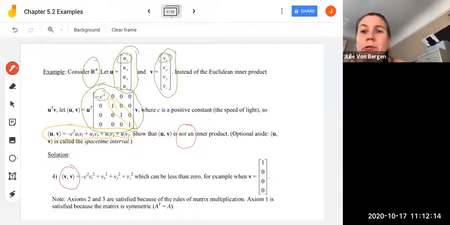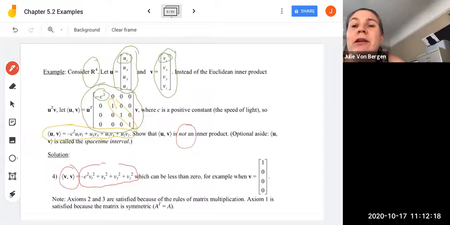When you multiply through, you get negative c squared Vt squared plus Vx squared plus Vy squared plus Vz squared. And that can be less than 0. Here's an example. If Vt is 1 and the rest of the components are 0s, you're going to get negative c squared. So axiom 4 doesn't hold.